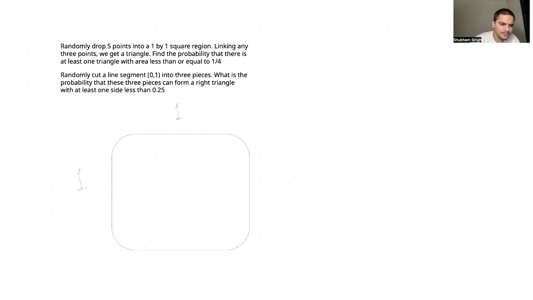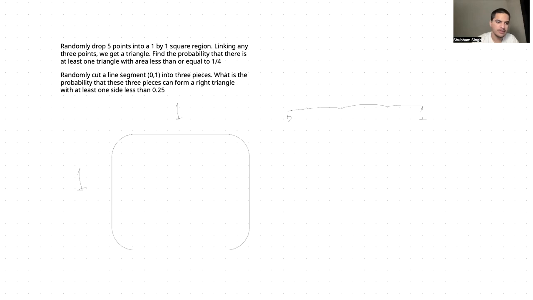So to start with, this square region can also be imagined as a line segment of length 0 to 1, and we need to find a triangle inside this.